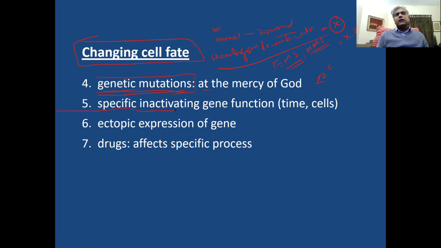Also, you can specifically inactivate gene function. Like we said, you have a gene X, and you specifically already hypothesize, you have an educated guess that this particular gene is important in specific cell fate or specific developmental function, you will specifically knock it down. So here I use knock out.